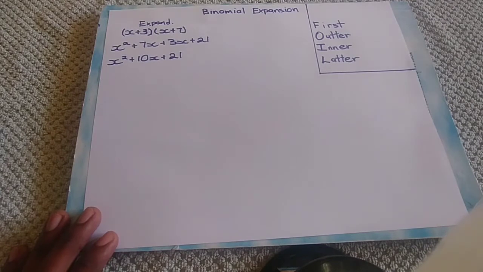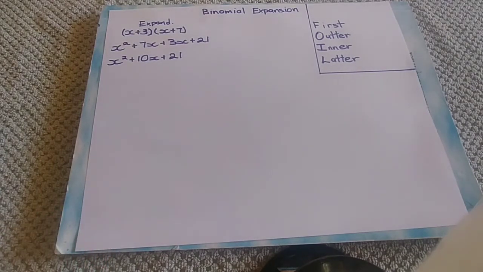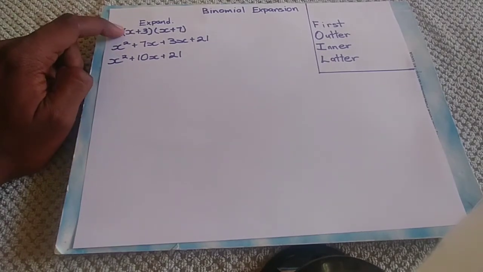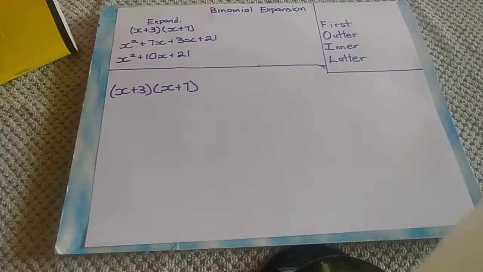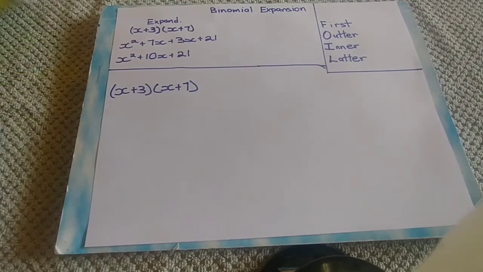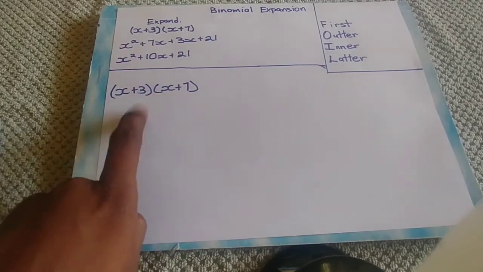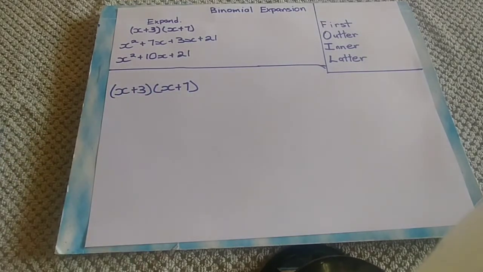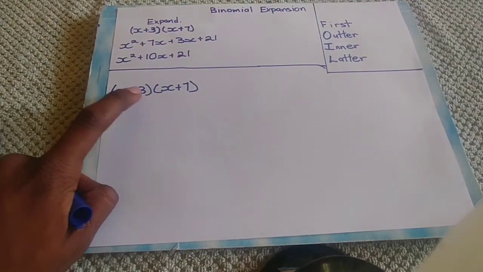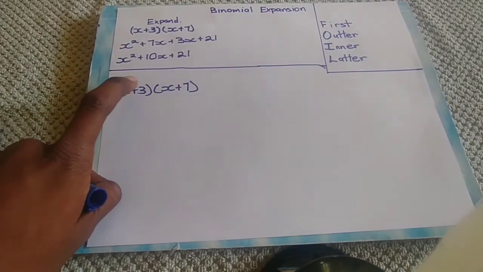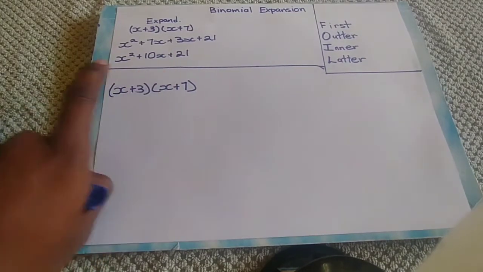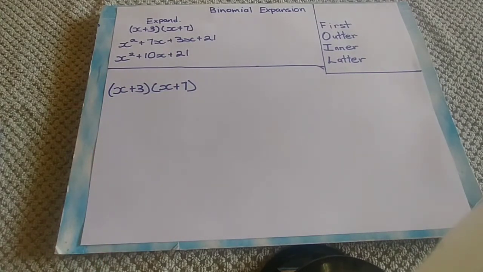Now there is another way that we can expand this. The other method that we can use to expand x plus 3 by x plus 7 or something similar is simply multiplying each term in the bracket by everything, basically distributing it completely.